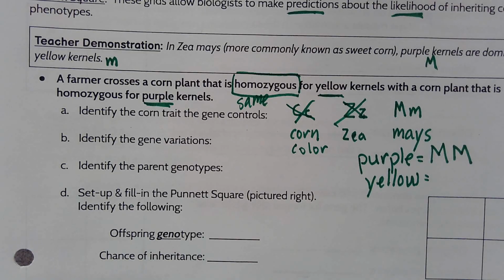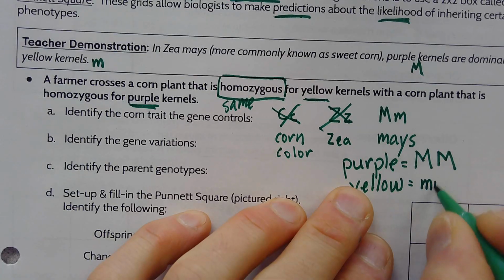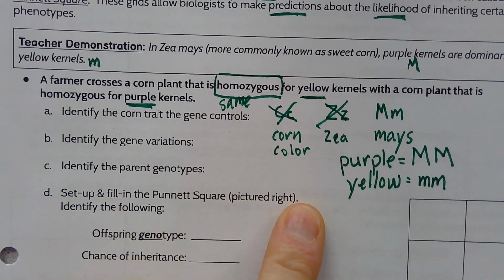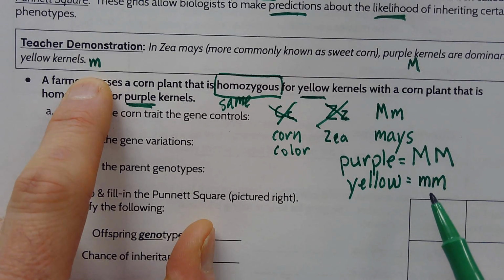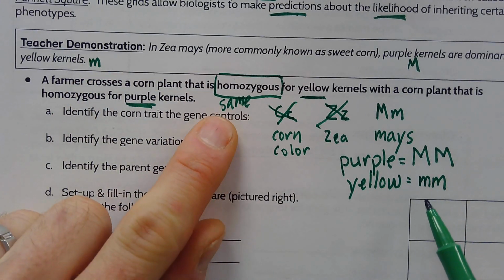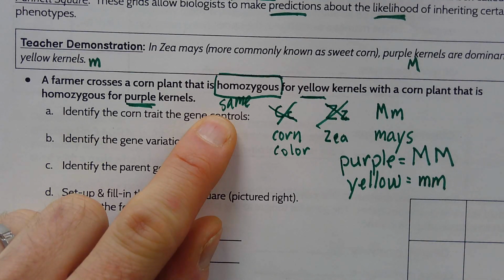Show me with your fingers. Point. Which one's it going to be? All right, so I see people doing lowercase, lowercase. Again, it's recessive, so I use the lowercase. And they're going to be the same. So they're both lowercase.